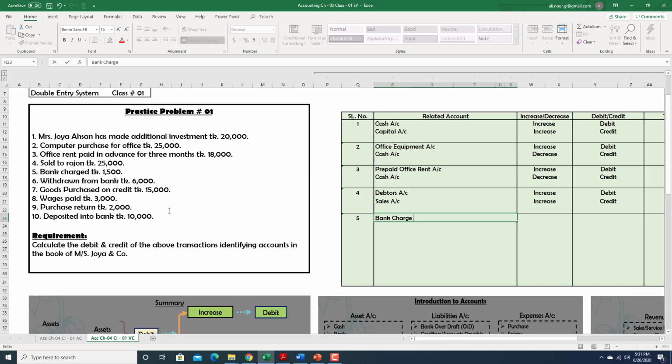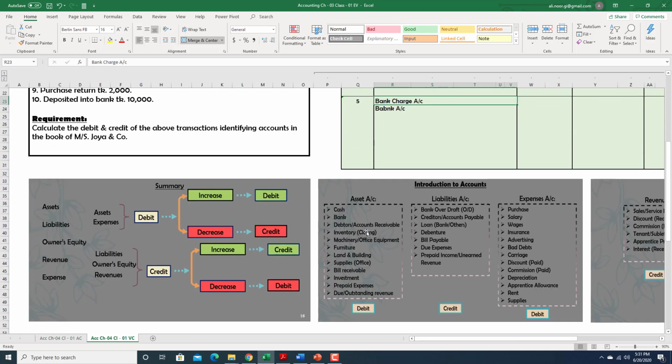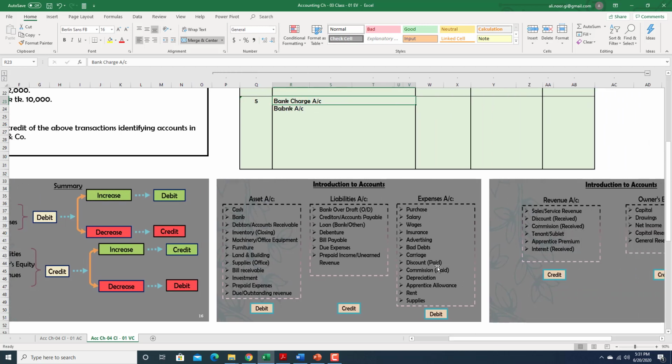This is the name for expense, and bank account credit. Bank account is the asset account. Here bank charge account is the expense account and bank account is the asset account. We can check it from here.